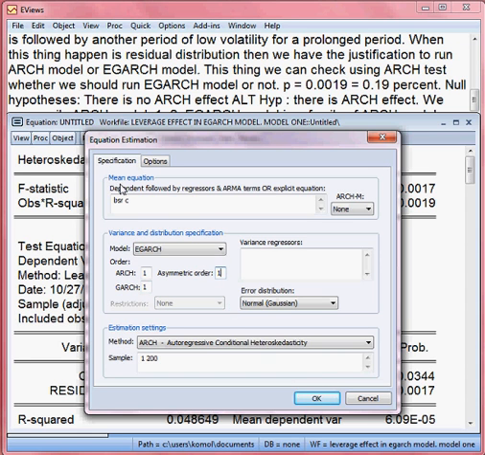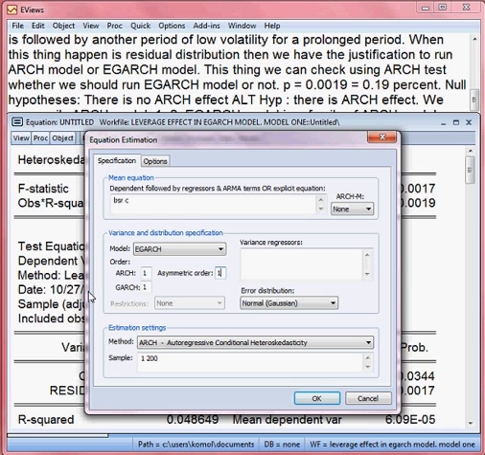And from this model, the whole thing, this one is called the mean equation, and this one is called the variance equation. So it has two parts: one is the mean equation and one is the variance equation. And what is happening is that the residual from the mean equation has been used in the variance equation.